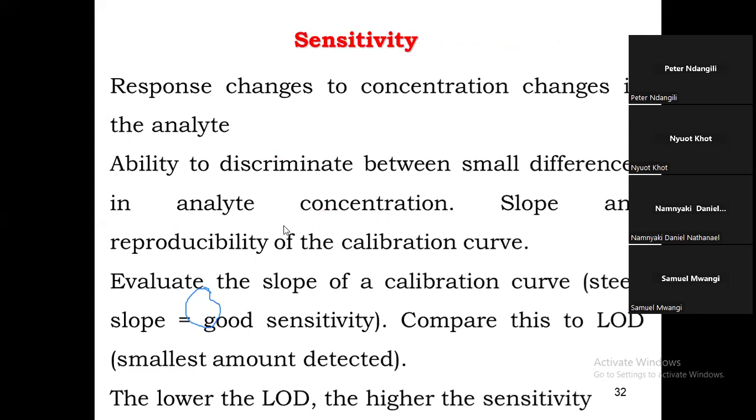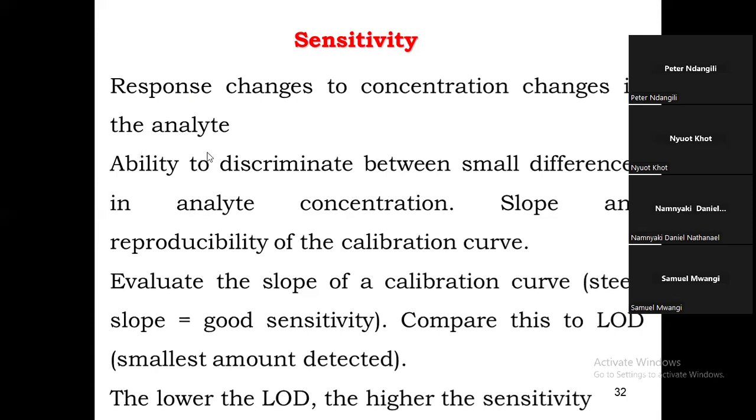Sensitivity. Sensitivity here is your response signal per unit concentration. That's why we are saying that response changes to concentration changes in the analyte. That gives us the sensitivity.